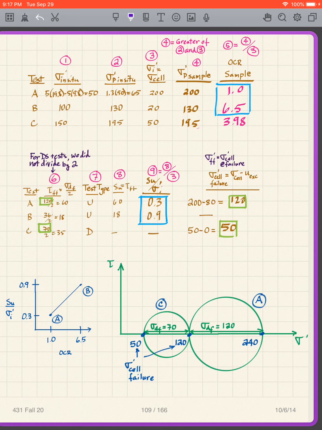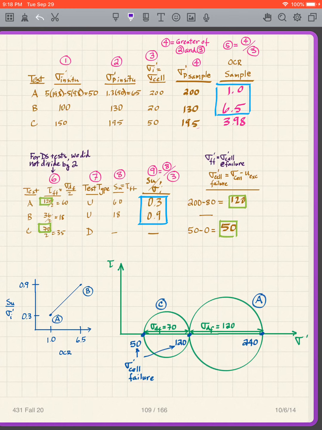Well, what do I have to use? I've got to use my sigma prime FF. I'm interested in everything at failure. There's no point in plotting the circle at a time other than failure. So I have what? I've got my tau FF. Well, how do we get it?